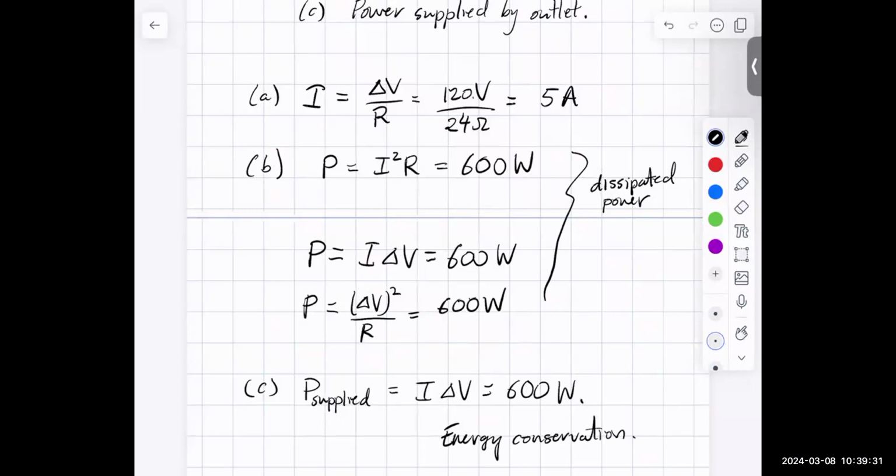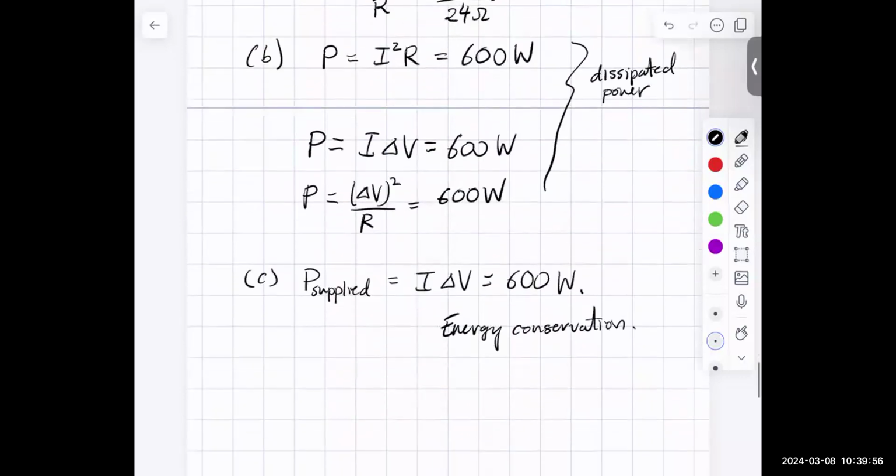So what happens typically in your toaster is that as this 600 watts of power is being dissipated, the wire gets very hot, so it starts to glow red. If you look at your toaster, you can always see the elements glowing red. The wire gets heated up to, I looked it up, around 500 degrees Celsius.